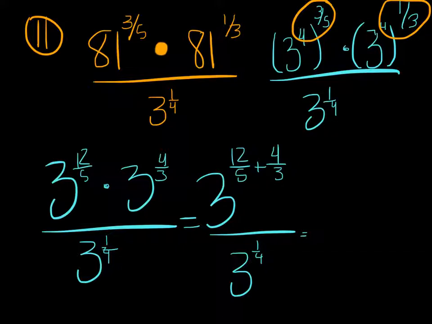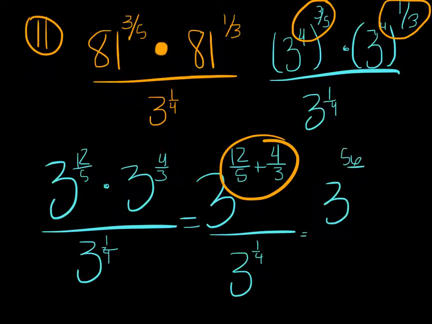This 12/5 plus 4/3 gives us 3 to the 56/15, still over 3 to the 1/4. And now we have the same base that's being divided, so we're going to subtract.